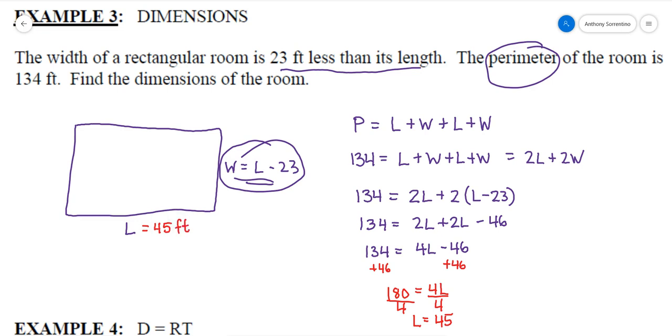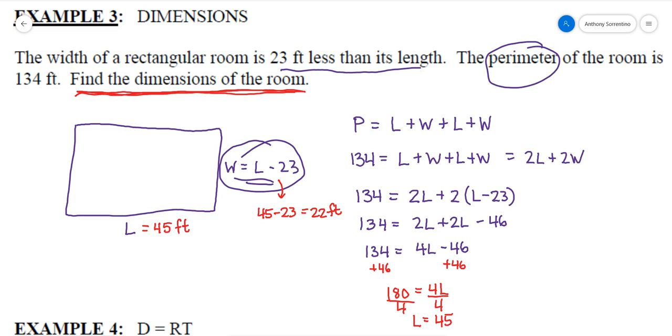Now, I have to go back and make sure I answer the question I'm being asked. Sometimes students will stop short and say, well, I got a letter equaling a number, I'm done. Yay. But the thing is, that 45 is part of the answer because it's asking me to find the dimensions. So that means I want to find the length and the width. I now know this width is 45 minus 23, which is 22 feet.